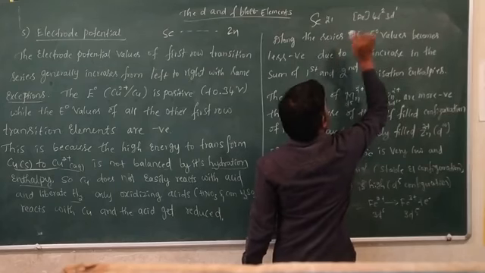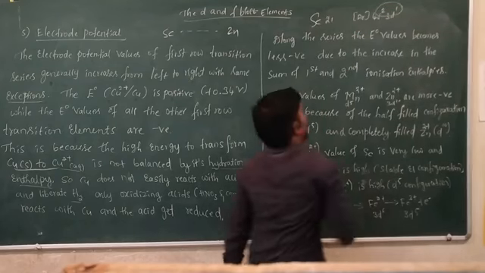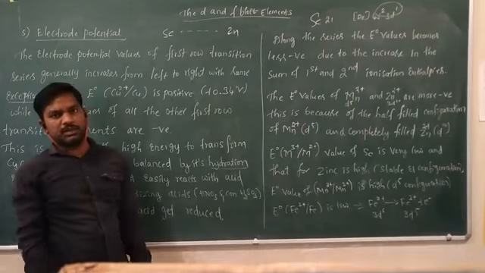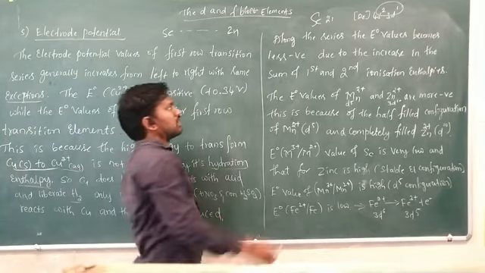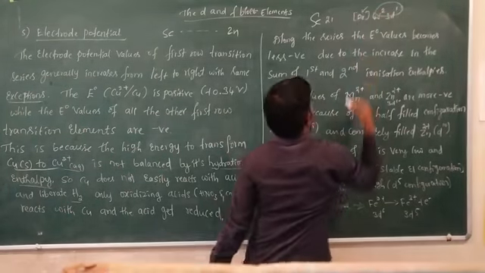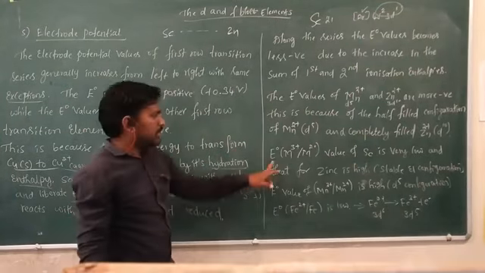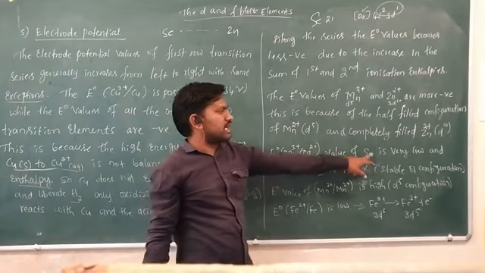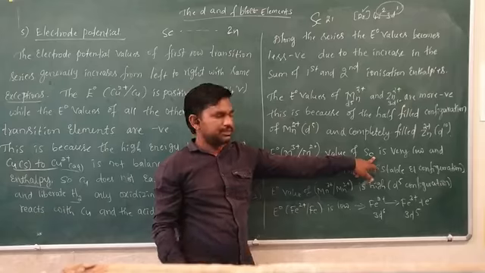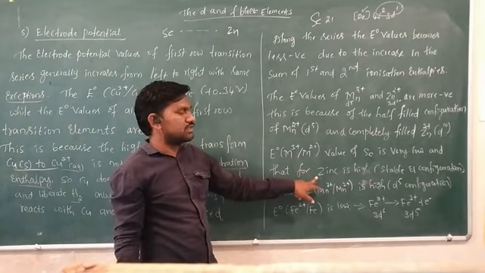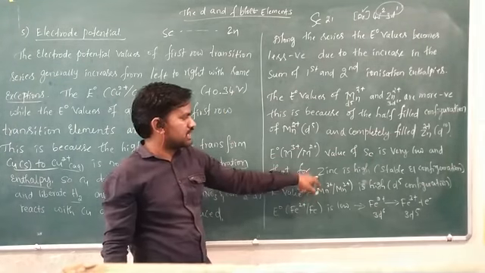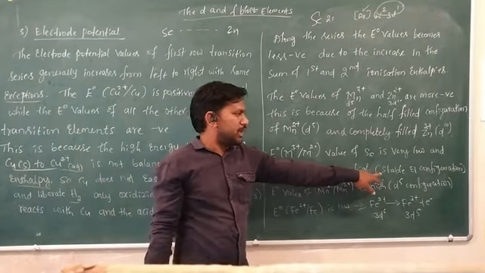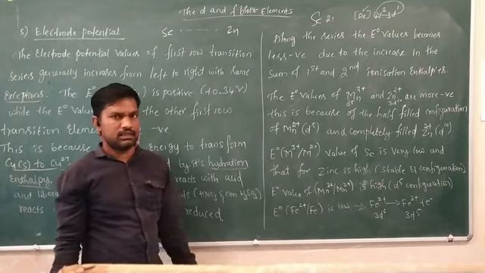Third ionization removes all 3 electrons, forming the stable argon configuration. So the E0 value for scandium is very low. Zinc shows a very high electrode potential value because of its stable electronic configuration.